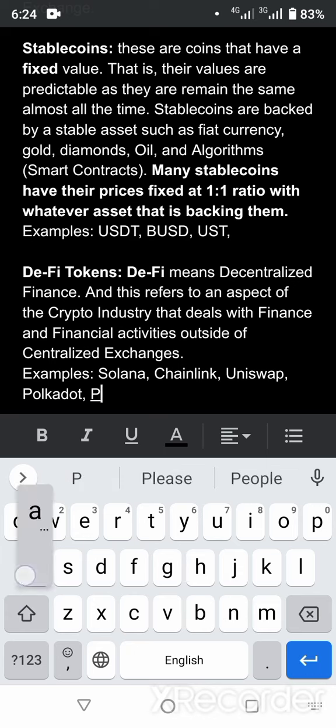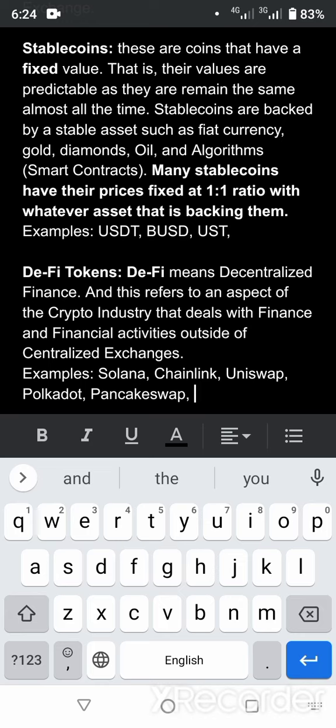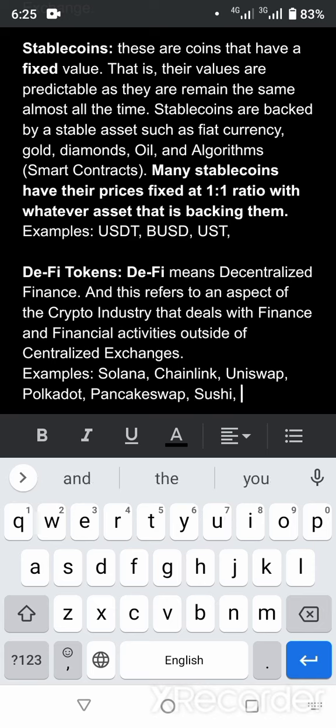The names are very funny, but these are multi-million dollar, multi-billion dollar DeFi apps. There's Uniswap, Chainlink, Polkadot, PancakeSwap, Sushi, you name it, a whole lot of them.